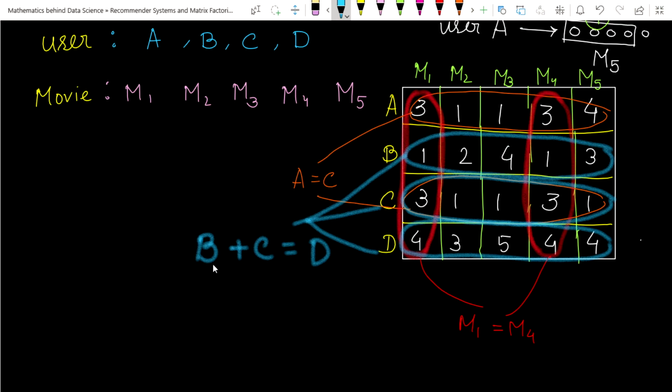That means if B loves some movie and C loves some movie, then D loves some combination of these movies. Suppose B loves action movies, and C loves comedy movies.